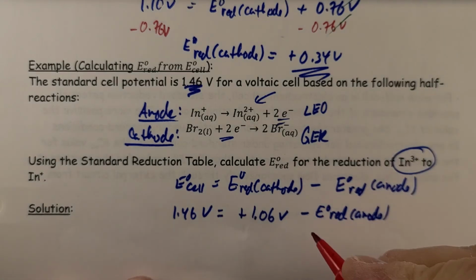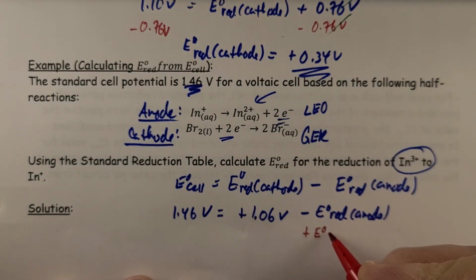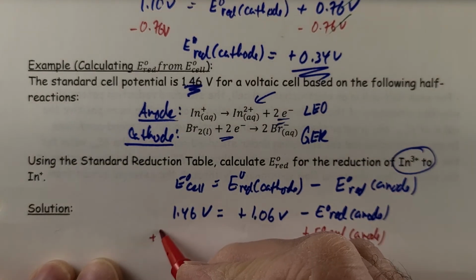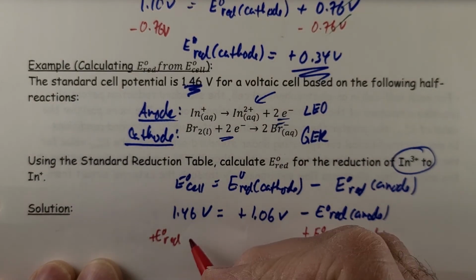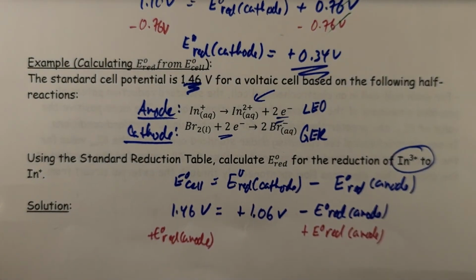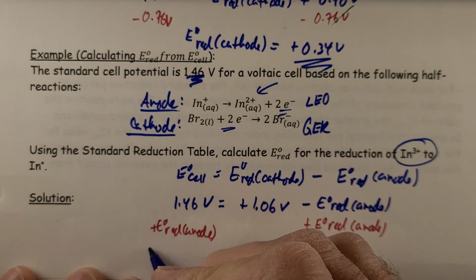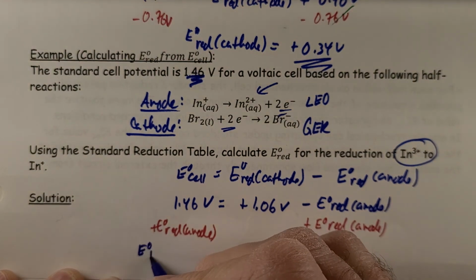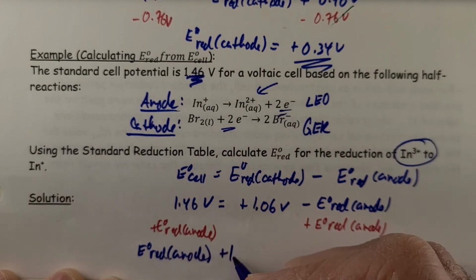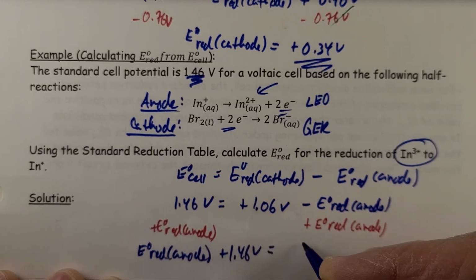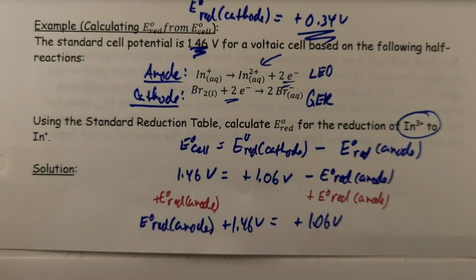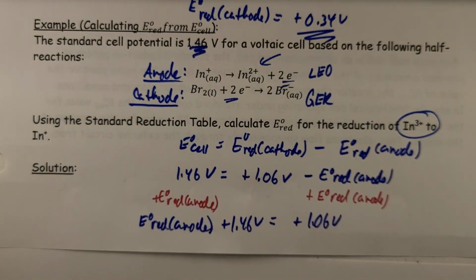So what I'm going to do here is move this to the other side, plus E reduction at the anode. That puts this as a positive on this side, which is what I want. Now you could do this all in one step. Then subtract 1.46 from each side.